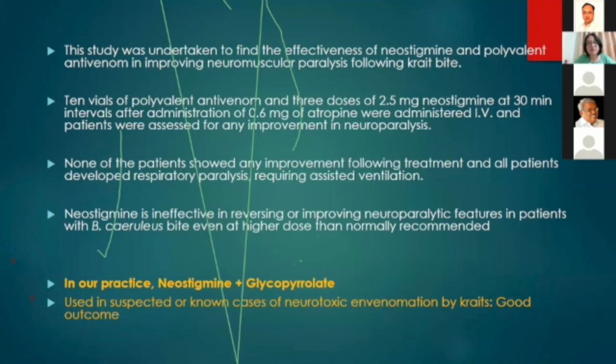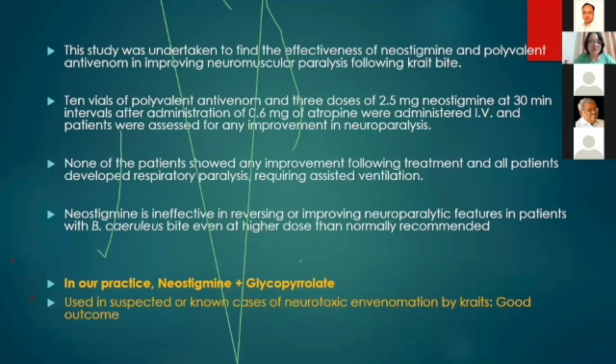In this particular study, none of the patients showed any improvement following treatment, and all the patients developed respiratory paralysis and required assisted ventilation. They concluded that it is not that effective in reversing or improving the neuroparalytic features in patients with Krait envenomation. But this study had its own limitations, I guess.